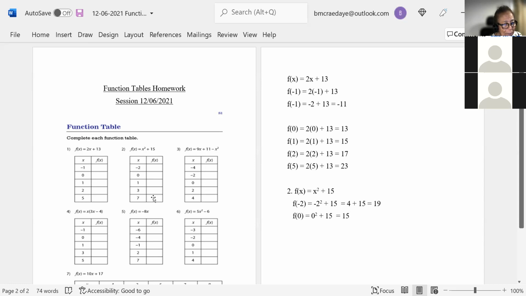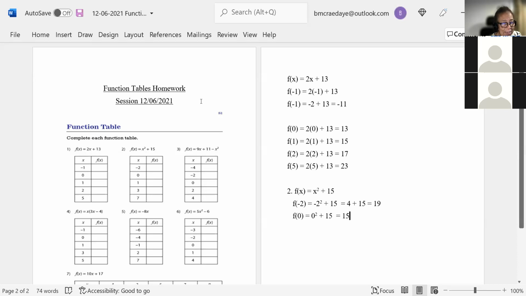And what's 59 plus 5? 64. That's right. So your table should have what? 19, 15, 16, 24, 64. Is that what you have in your table? Yes.